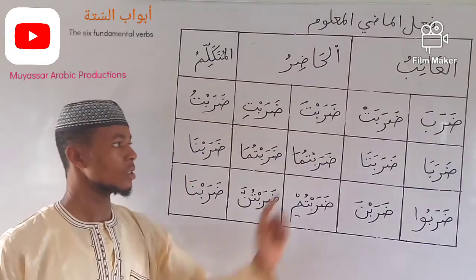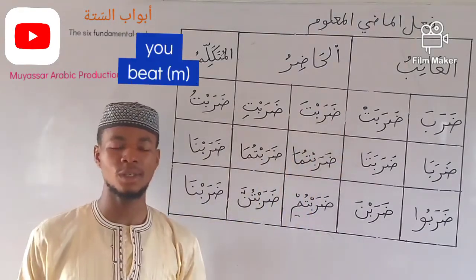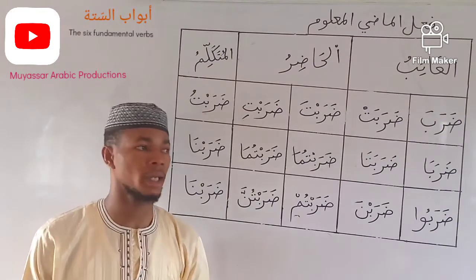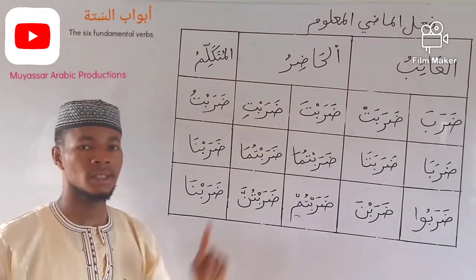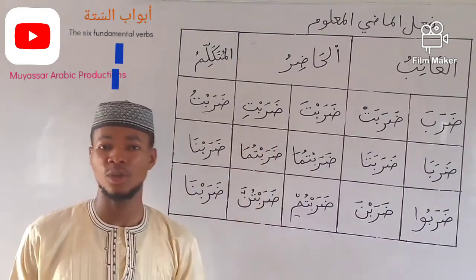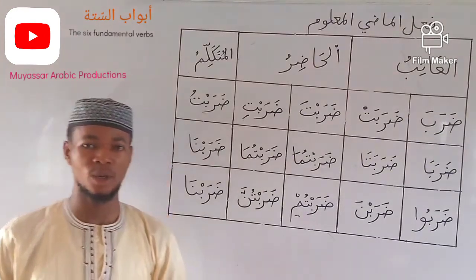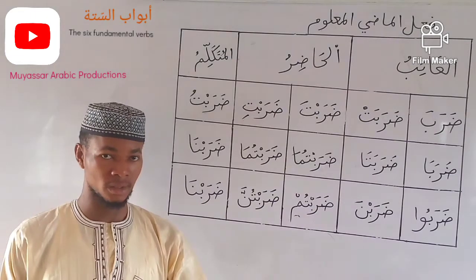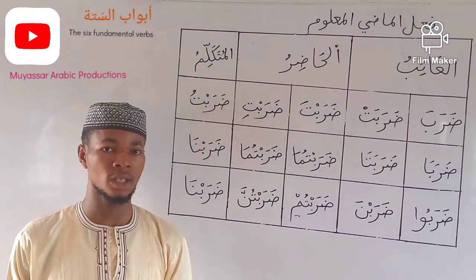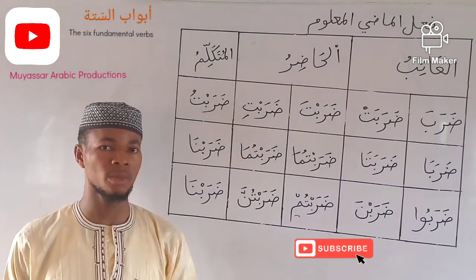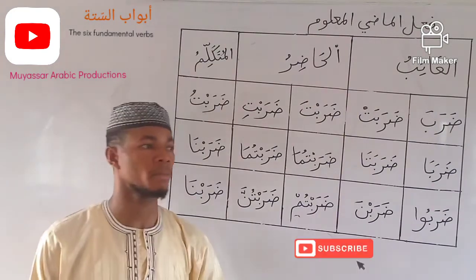Now the next is darabta, meaning you beat in masculine gender. Now the next is darabti, meaning you beat in feminine gender. So in Arabic, when you want to say you beat, that is talking to a male, you say darabta. Then you want to say you beat, talking to a female, you say darabti.